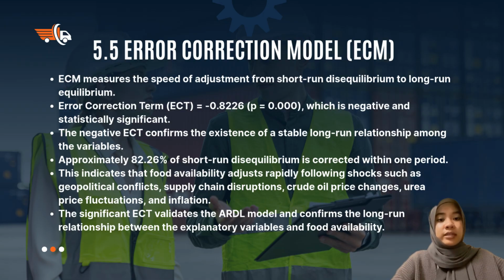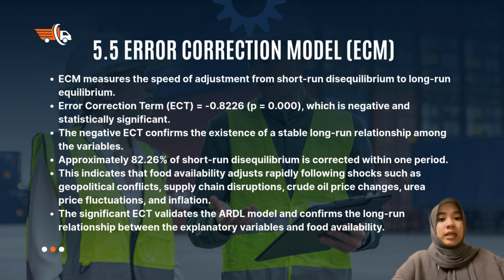This satisfies the theoretical requirements of the ECM and confirms that there is a stable long-run relationship between food availability and the explanatory variables. The coefficient also indicates that approximately 82.26% of any short-run disequilibrium is corrected within one period.